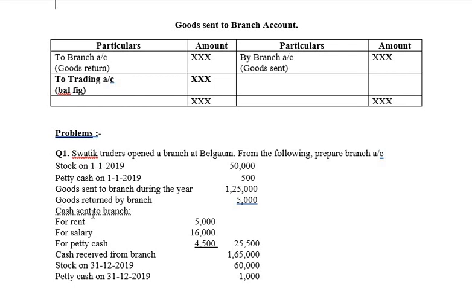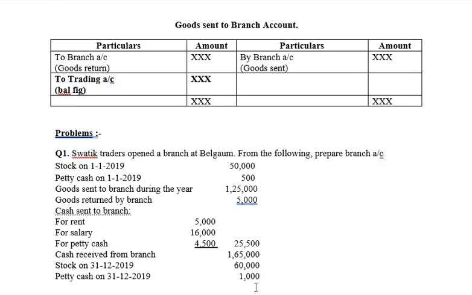Next, cash sent to branch for rent 5,000, for salary 16,000, for petty cash 4,500. The total of this is 25,500. Cash received from branch 1,65,000. Stock on 31/12/2019 is 60,000. Petty cash on 31/12/2019 is 1,000.